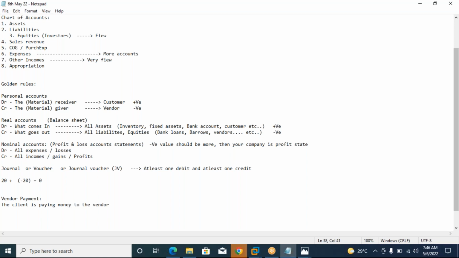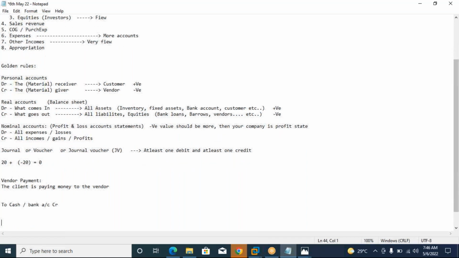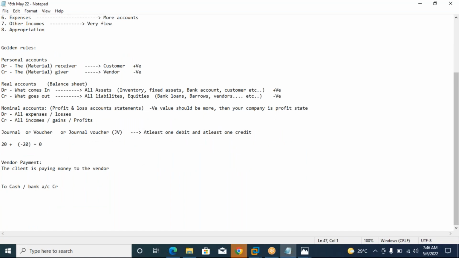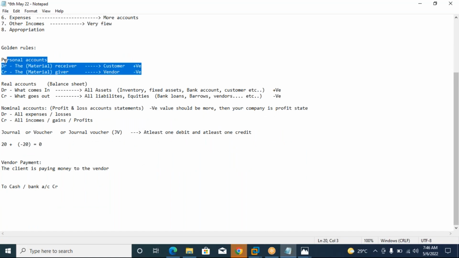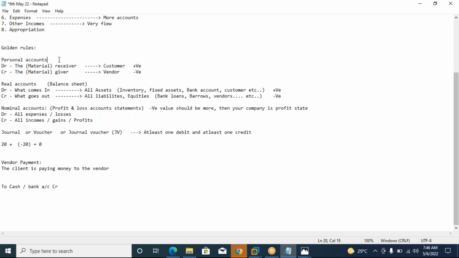Then my cash balance or bank balance will be decreased or increased if I am paying money? Decreased. So the cash or bank account will be credited. The vendor account is actually debit. The rule 'debit the receiver, credit the giver' is for invoicing.